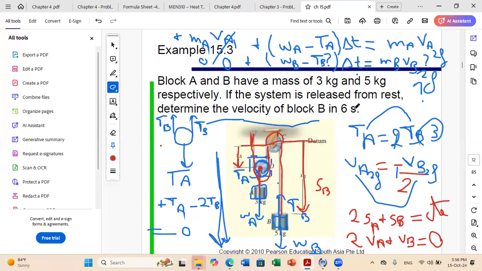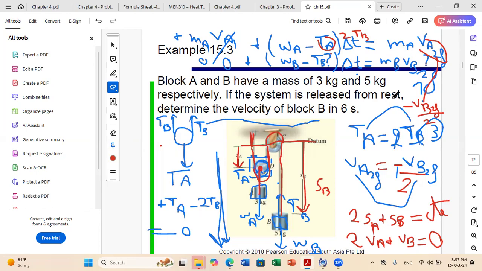Now in my system of equations, if I replace TA by 2TB and I replace VA2 final by minus VB2 final over 2, I end up with a system of 2 equations with 2 unknowns. So I can solve for my velocity of B at final state.